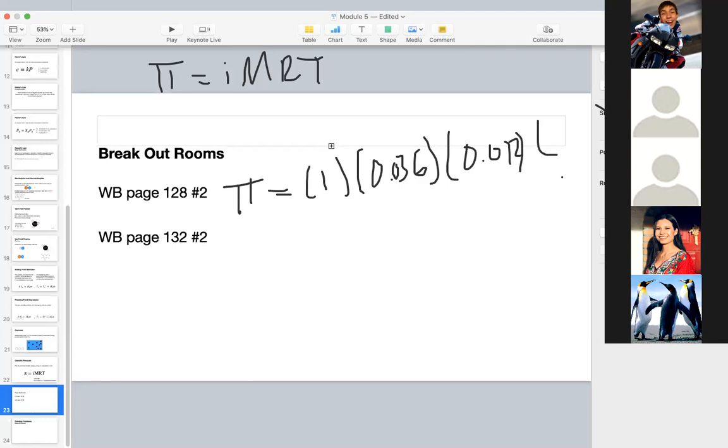Yeah. So Kelvin equals Celsius plus 273. So Kelvin in this case would be 338.